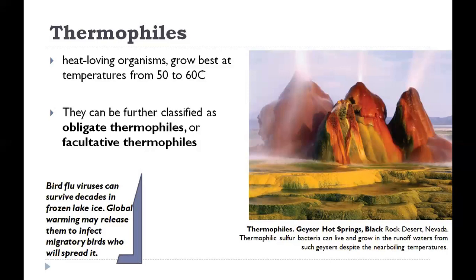So facultative organisms are a different kind of organisms, for which the genetic system, the biochemical system is much more complex. They have dual sets of enzymes. They have two or more sets of enzymes.